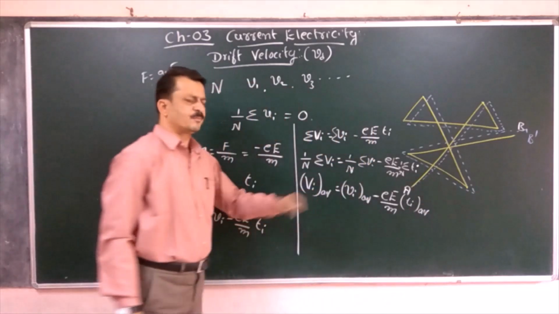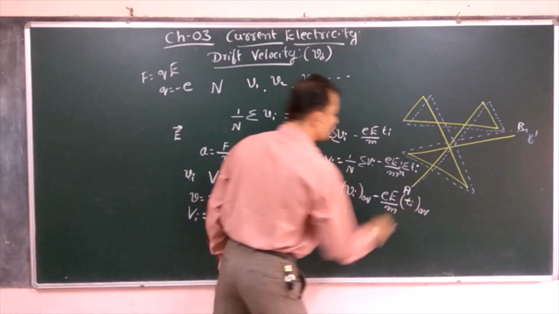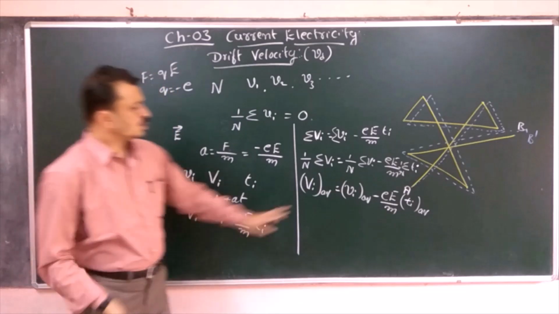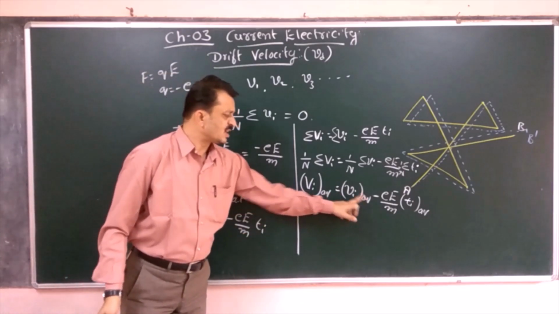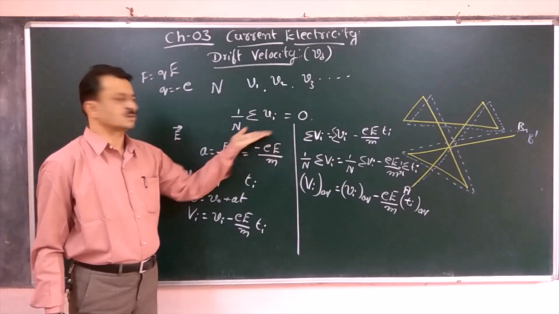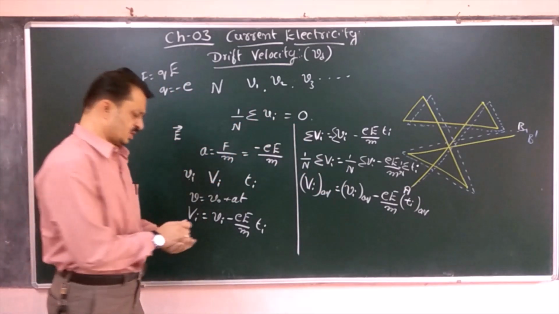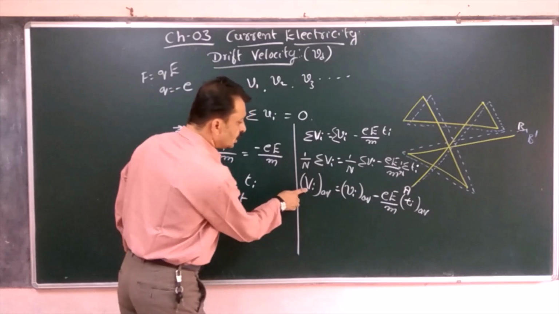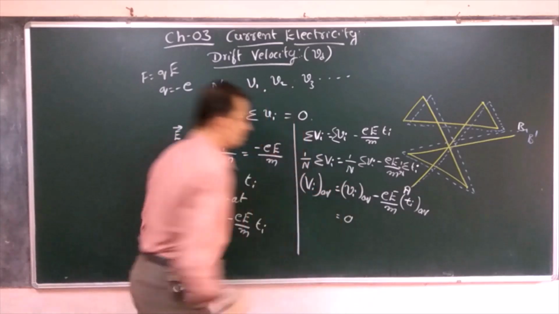As we know, the average initial velocity of all the particles is taken as 0, because of random motion. So this term becomes 0.